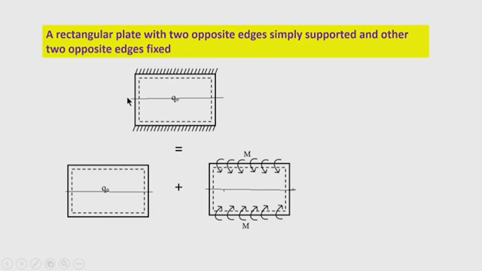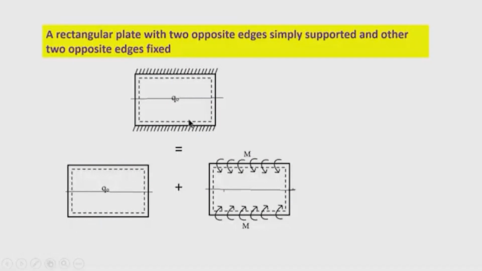But of course, here we are taking the x axis running through the middle of the plate. So, naturally the boundary condition will be specified at y equal to plus b by 2 and y equal to minus b by 2, where we have the fixed boundary condition.